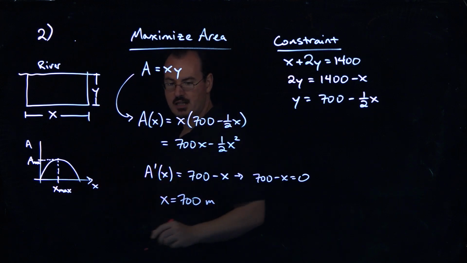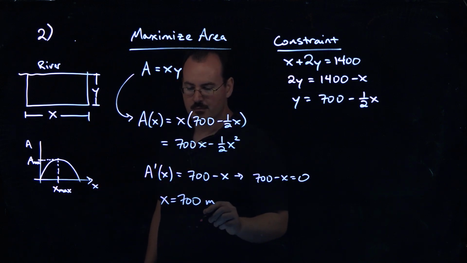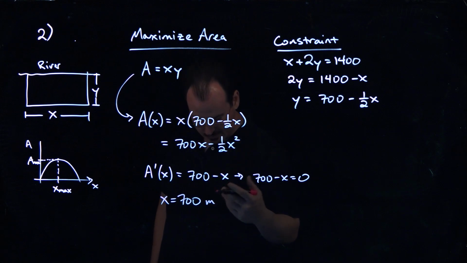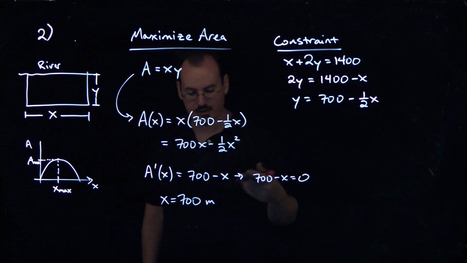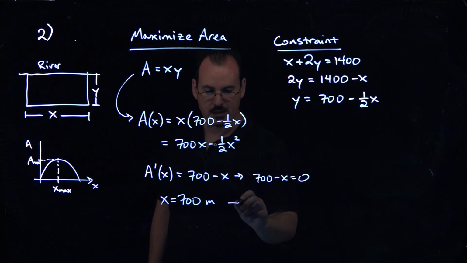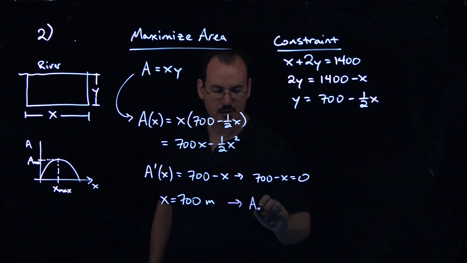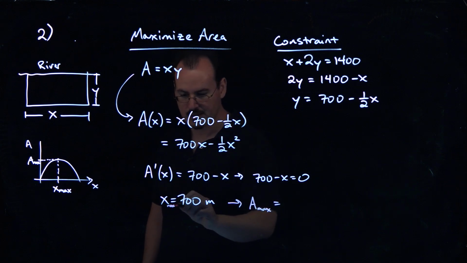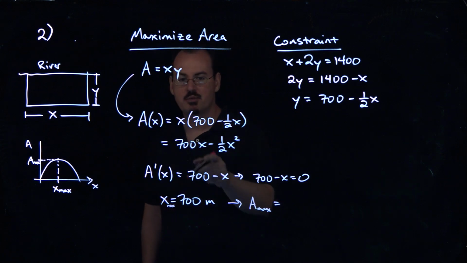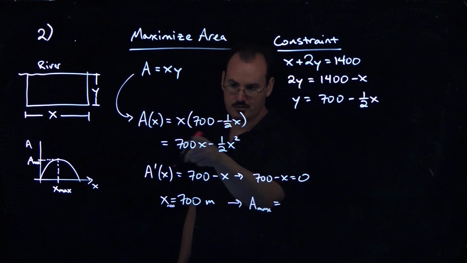That would be the x max value right there. The question asks me to find both the x value that leads to a maximum area and also the maximum area. So I can find the A max value by plugging the value that I just got into this function here.